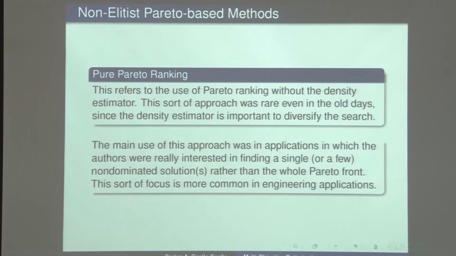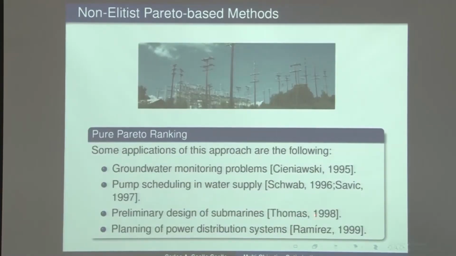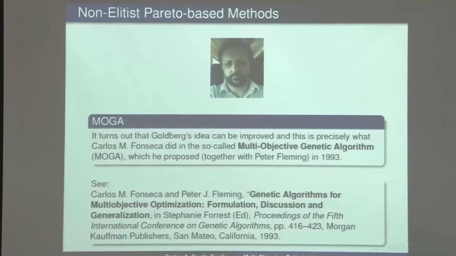So if that's what you want, perhaps the density estimator is not that important. So there were people using this in groundwater problems, pump scheduling, mainly in engineering, planning of power distribution systems, and so on. Then we have MOGA.